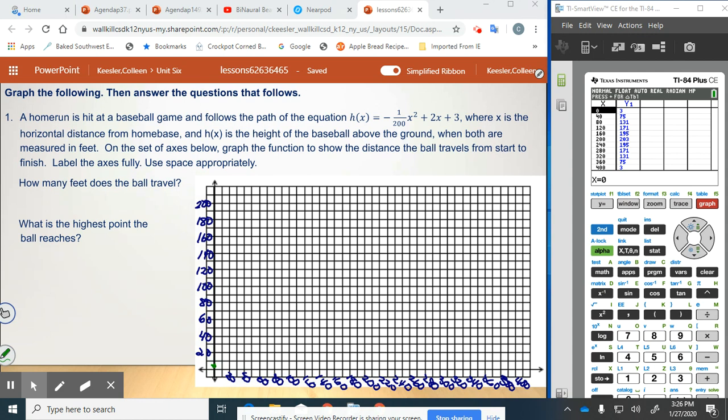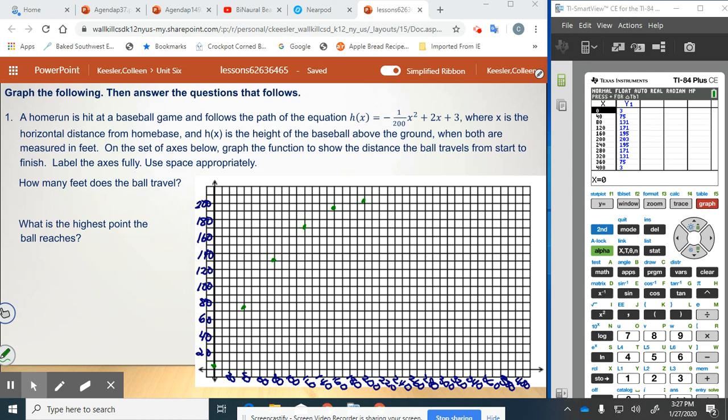40 is at 75. 80 is at 131. 120 is at 171. 160 is at 195. 200 is at 203.